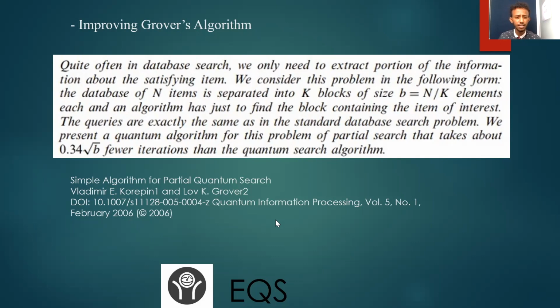But in some instances, there's a mathematical method that they use to improve Grover's algorithm in a standard database search problem, and this new algorithm would take about 0.34 times the square root of the number of data bits iterations of the regular quantum search algorithm.